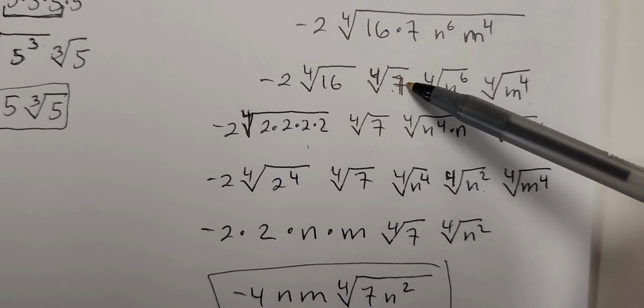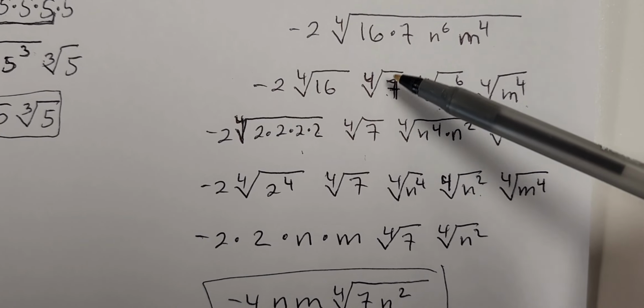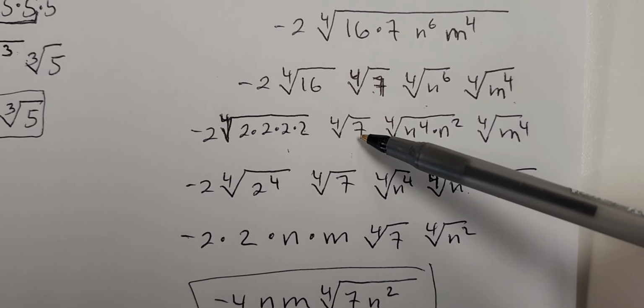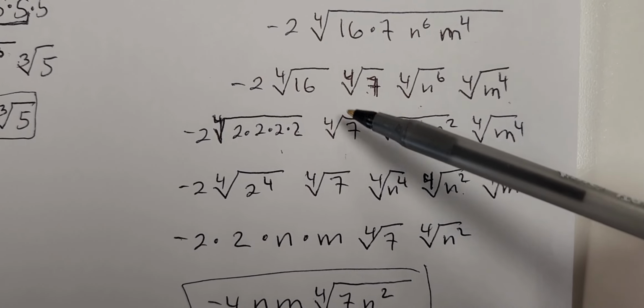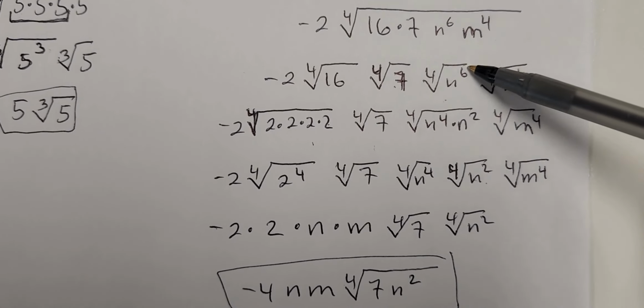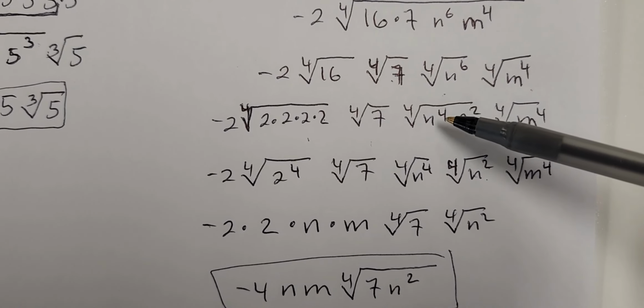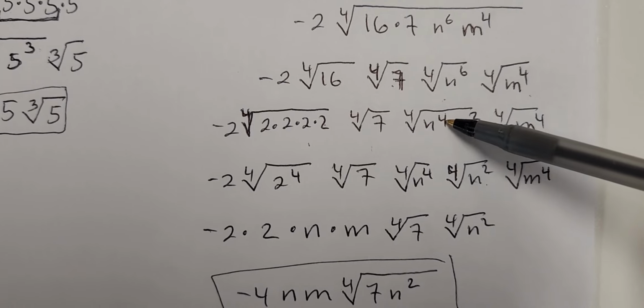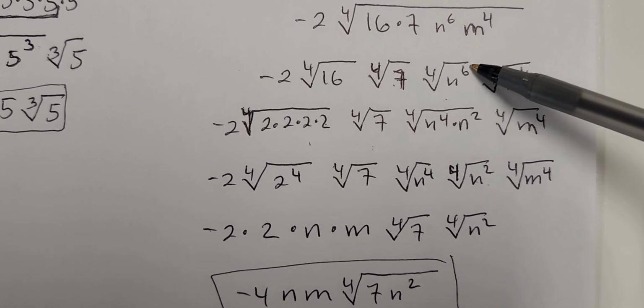This 7 over here, there is no number that can give me 7 with a fourth root, so we'll leave that alone. Next, this n^6. 6 can be broken up into 4 and 2 because 4 plus 2 gives me 6.